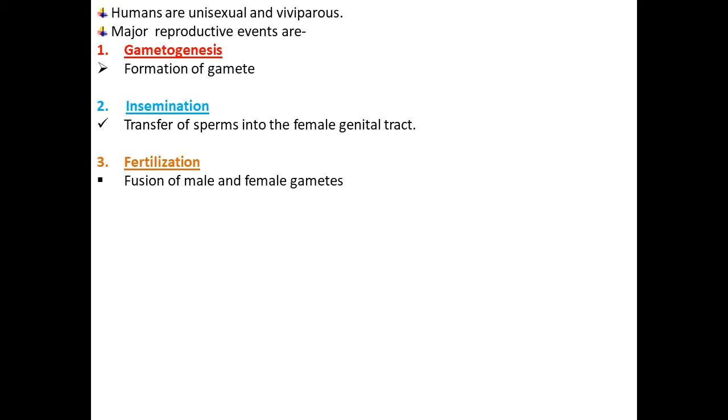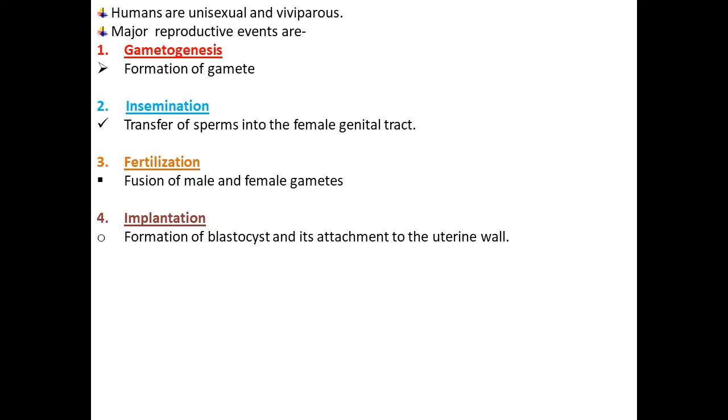After fertilization, fusion of the gamete, egg and sperm, means a zygote is formed, and that zygote undergoes the cleavage process, and by cleavage it forms the embryo named blastocyst. That blastocyst on the 7th day of fertilization gets implanted in the uterine wall.